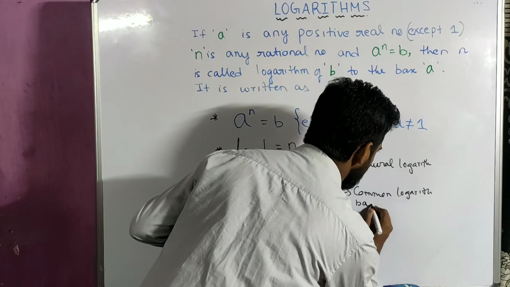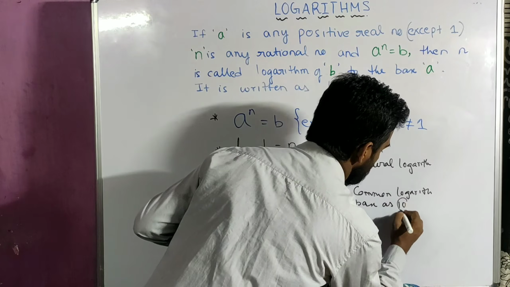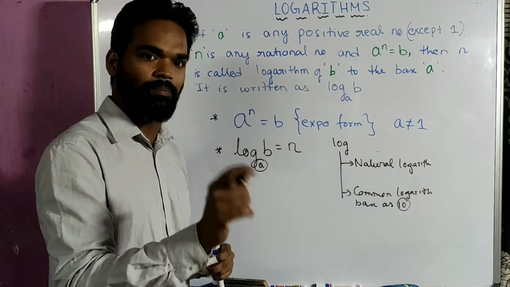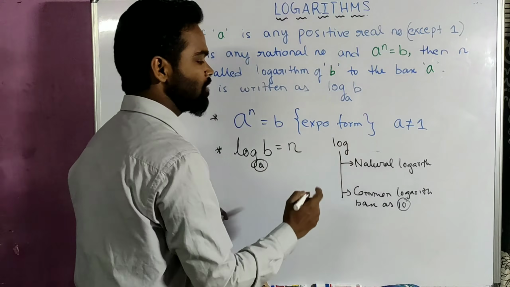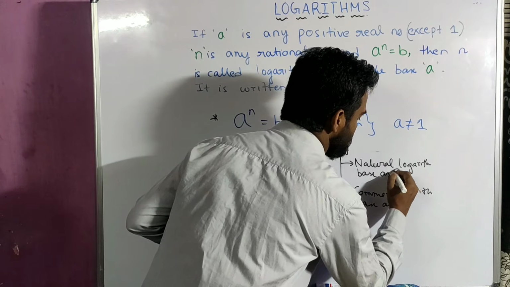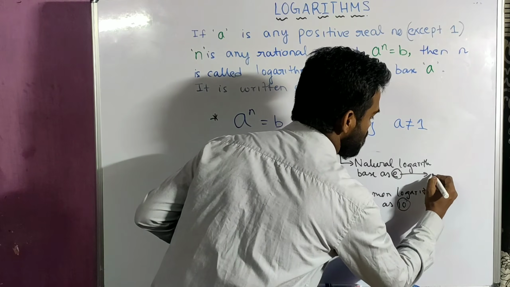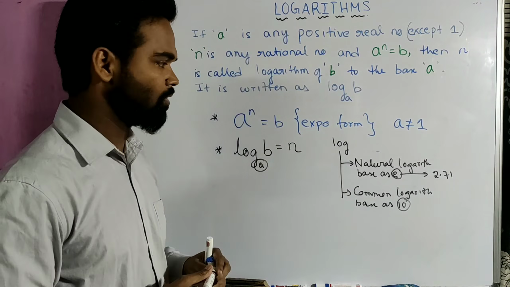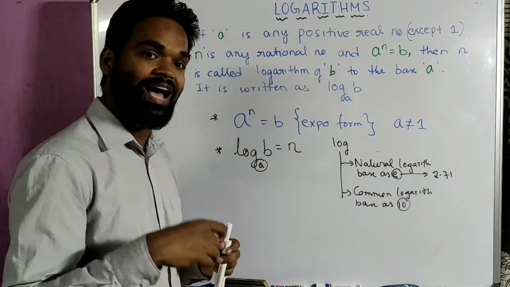Whenever in a sum the base is not given, we know the base is 10. And in natural logarithm, we take the base as e, where e is a constant whose value is 2.71 approximately. Okay, so the base has to be there.